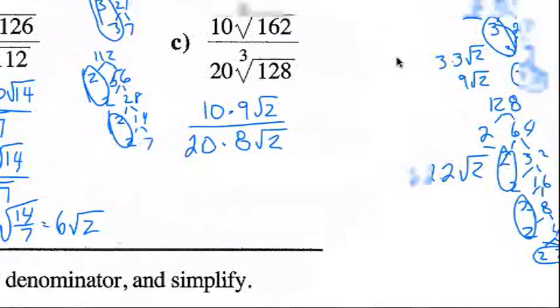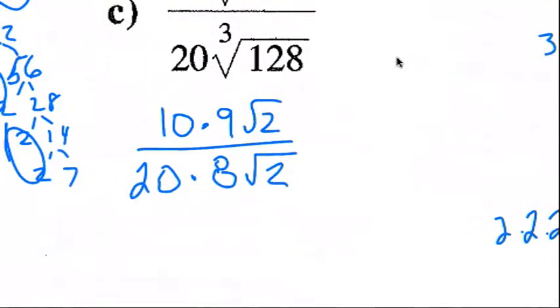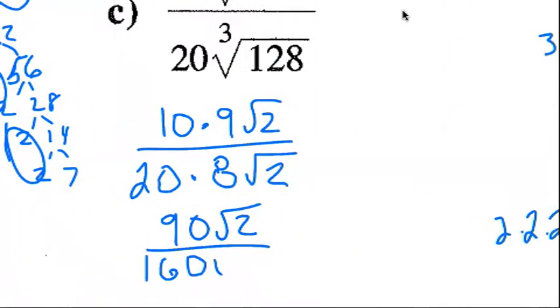Okay. Now, just like variables, when I have 2x over 3x, these x's will cancel. The same goes for the root sign. If they're exactly the same, then they're going to cancel. But I'll show you the intermediate step and how they do cancel. 10 times 9 is 90, square root 2. 20 times 8 is 160, square root 2, which is equal to 90 over 160.